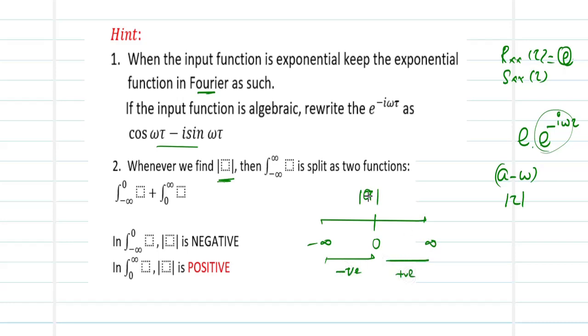So whenever we come across a modulus function, the integral from minus infinity to infinity has to be split into two, like minus infinity to 0 and 0 to infinity. You cannot integrate them as one single function because this modulus behaves differently in two different zones.